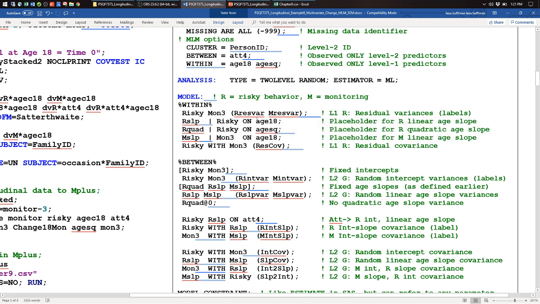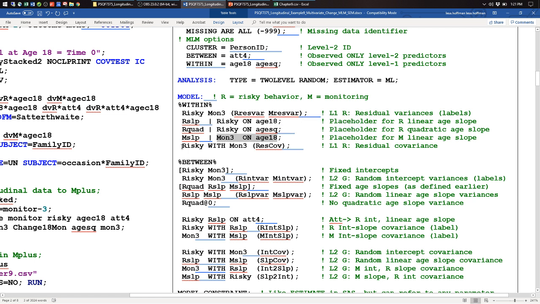So if you write an equation, you always start with y equals the x's. It follows the same system here. So that helps me keep track of which way the "on"s go. So this is the linear slope for risky, the quadratic age slope for risky, the linear slope for age.